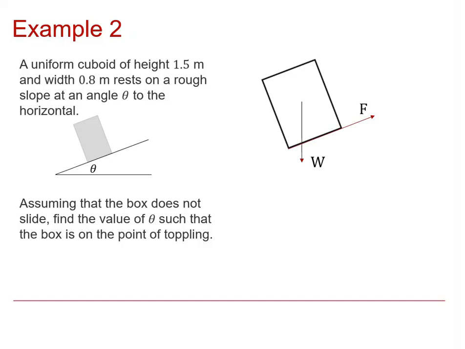Now, thinking about what's happening realistically, it isn't that there's a normal reaction at one spot. If you've got a box on a carpet, it makes quite a big depression, so the normal reaction is actually spread over lots of little forces perpendicular to the surface, the common interface, the surface of the bottom.